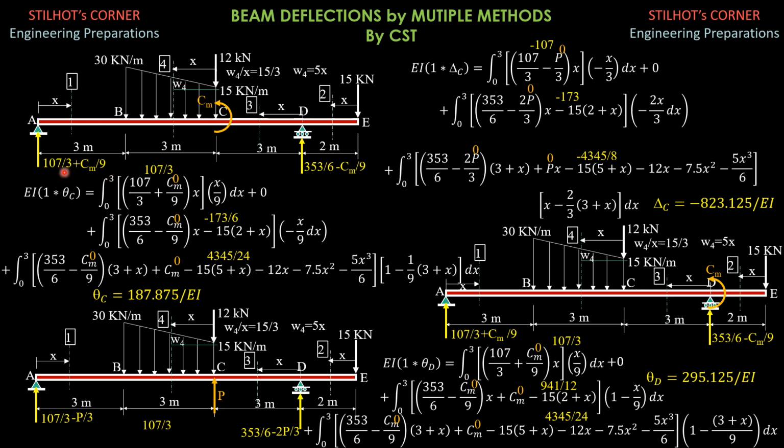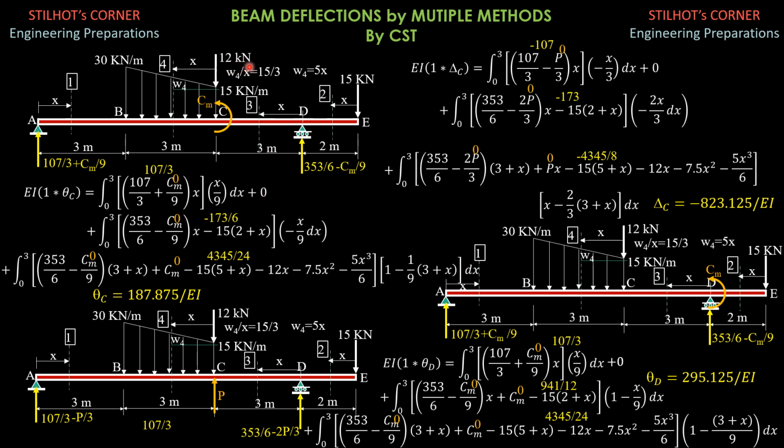0 to 3 of quantity 107 over 3 plus C sub m over 9 times x, the derivative of this moment equation with respect to C sub m is x over 9 dx. Setting C sub m 0 and integrating, the answer is 107 over 3. Then at section 2, integral is 0.